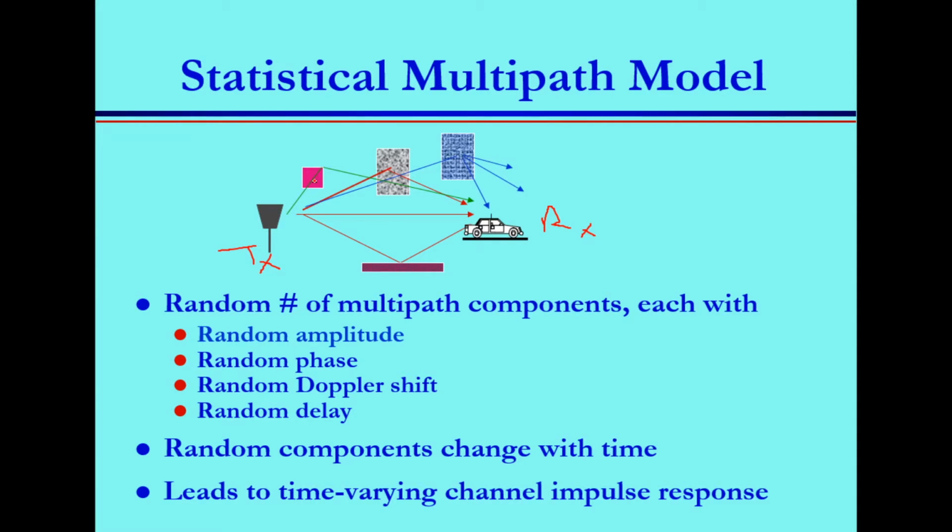Random amplitude: your signal sometimes might reach with a higher amplitude or with a lower amplitude. Random phase: the phase of your signal was 90, at the receiver might be 0 or another different phase.